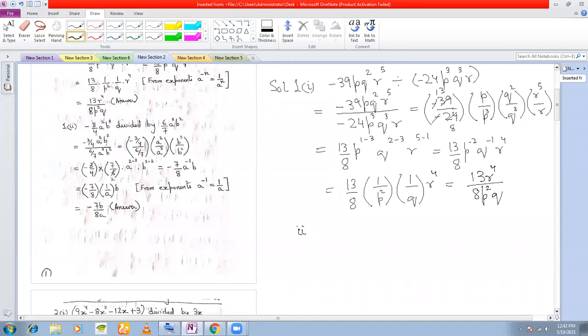Second one is, the question is minus 3 by 4 a square b cube divided by 6 by 7 a cube b square.